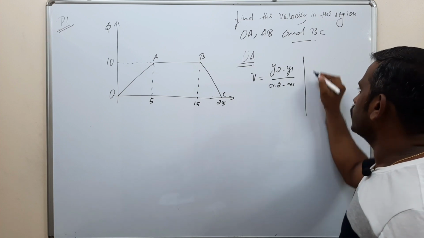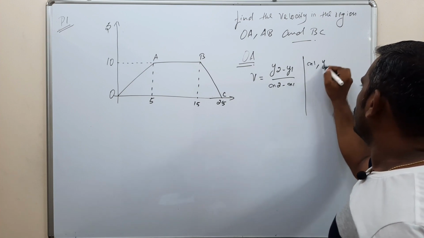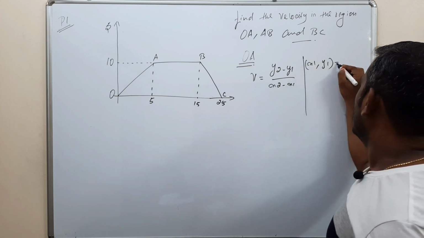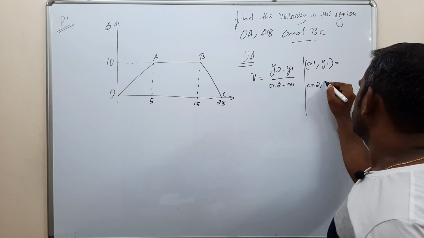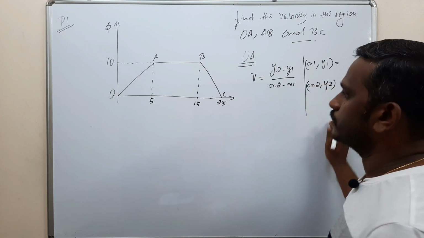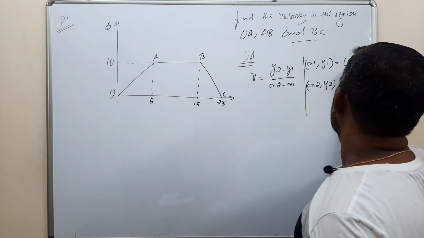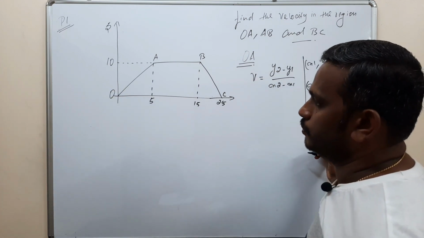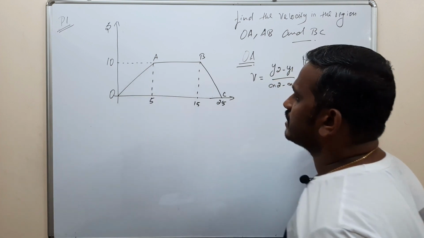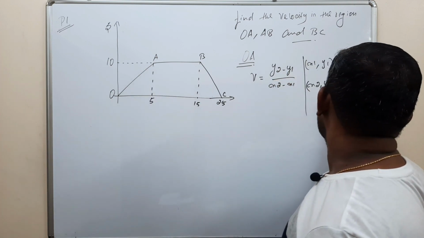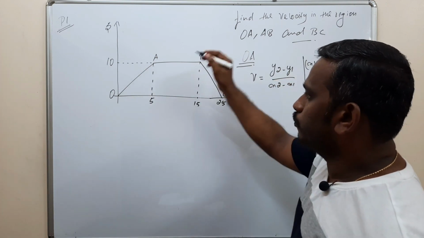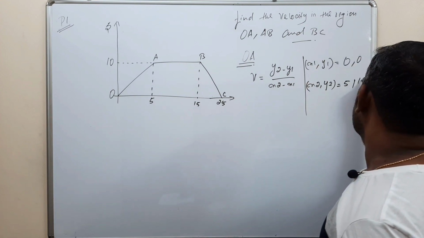So for OA, x1 y1 is 0 comma 0, and at A, x2 is 5 and y2 is 10.